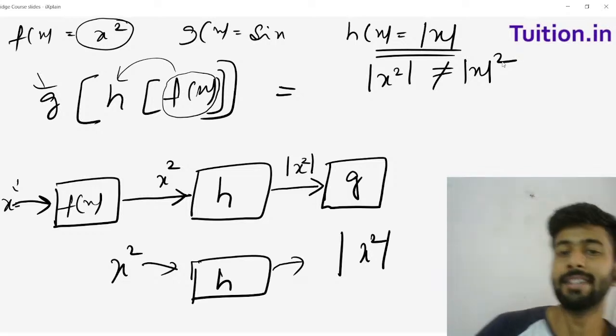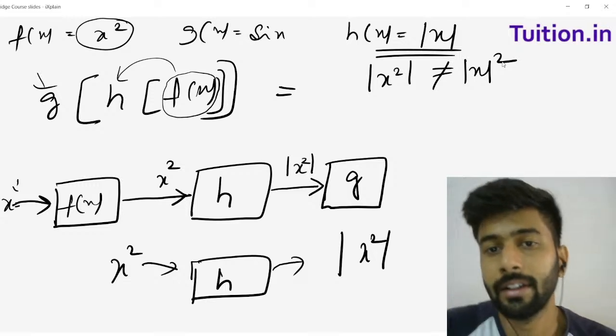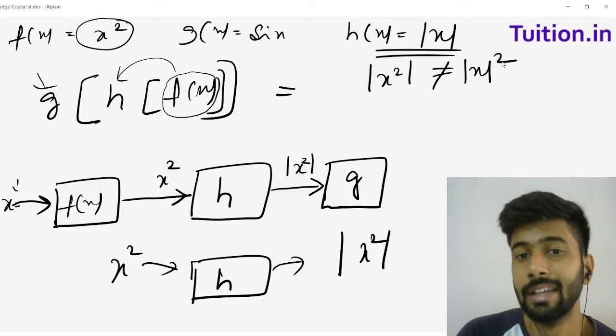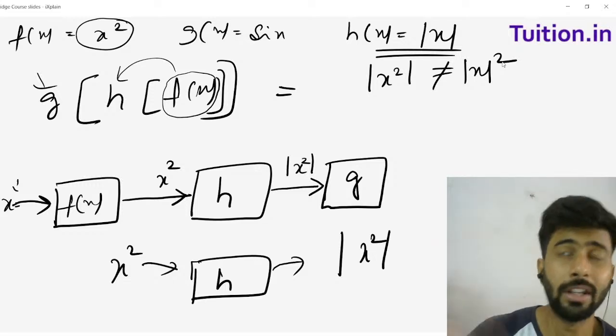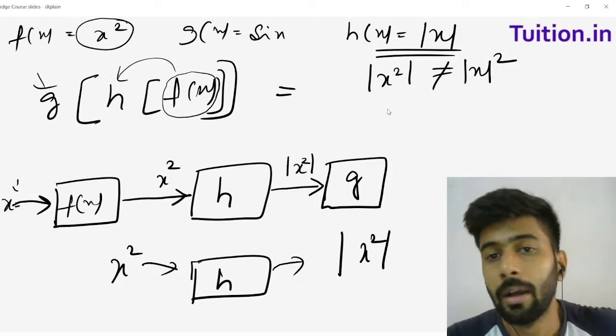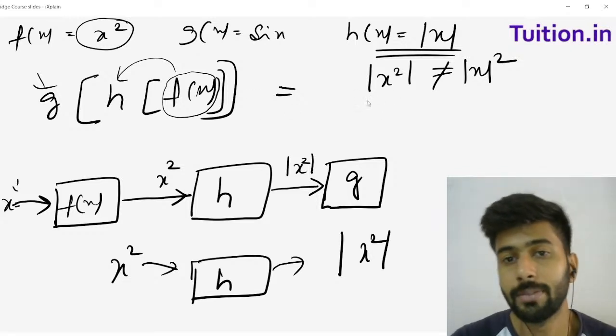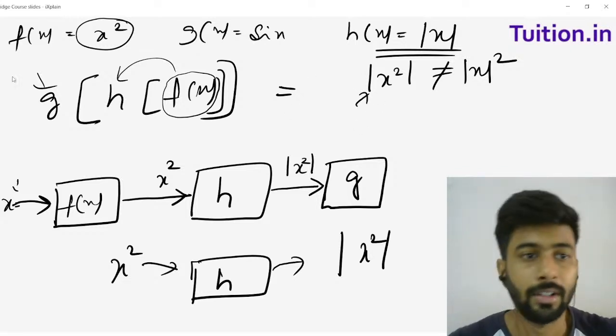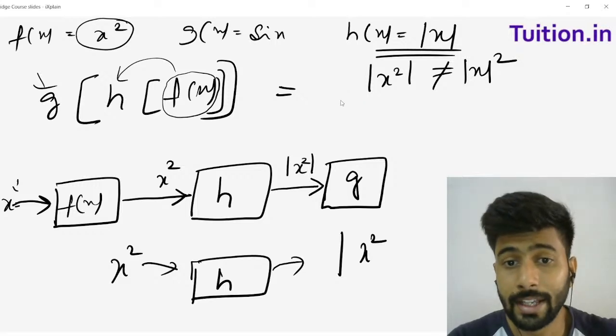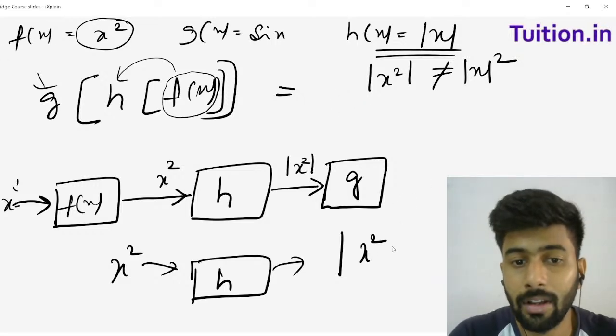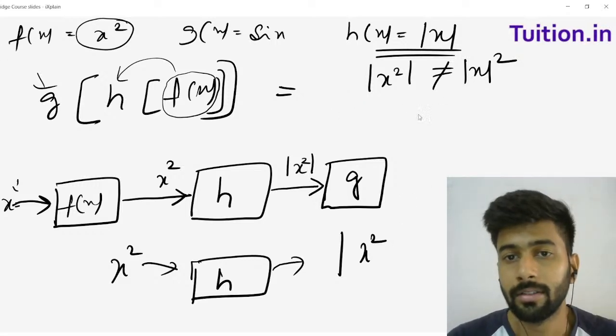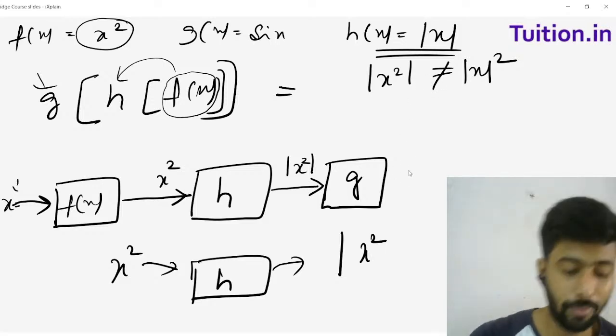Although for most cases they will look the same only, because of the property of mods, but these need not always be same. I'm not able to think of a case right now where they will not be same, but be very careful with this, follow the process.